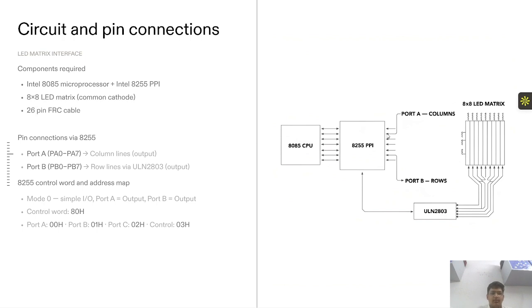So 8255 control words and the address map. So when we receive the data bus, that data is then transported through this ULN2803 and finally to the 8 cross 8 matrix. And the ULN2803 is basically used to prevent the chips and the microprocessor from getting damaged by any electric surge or any other external hazards.